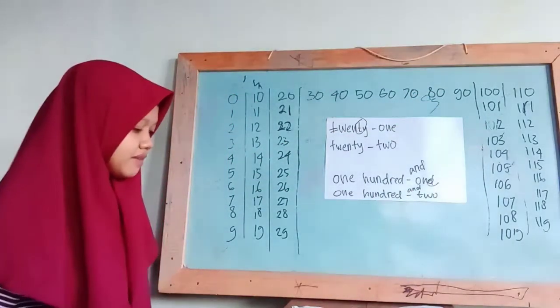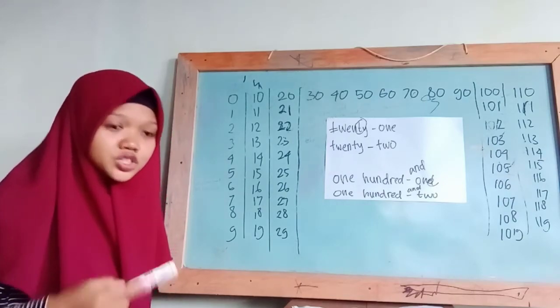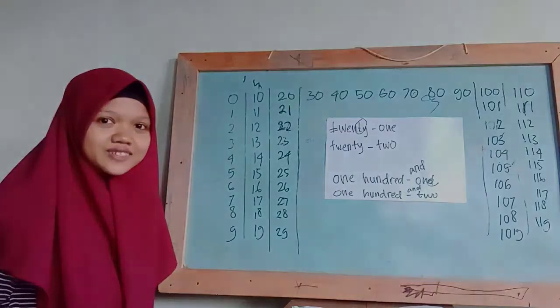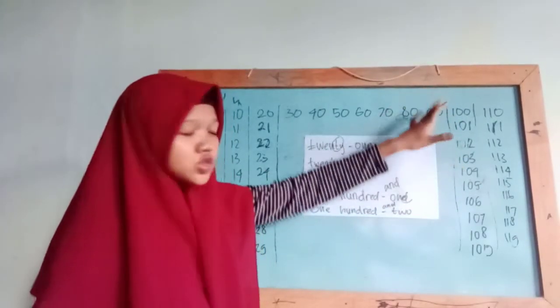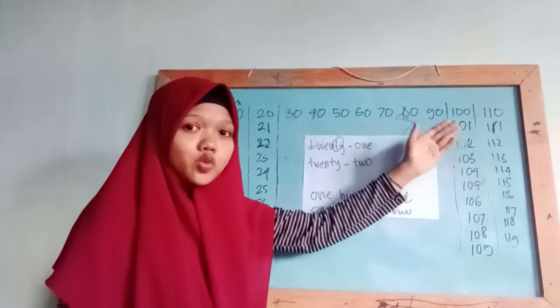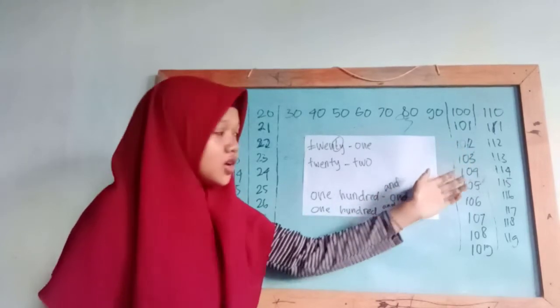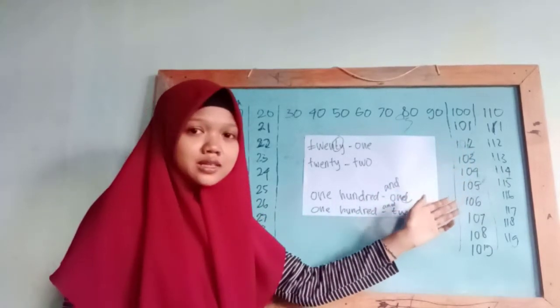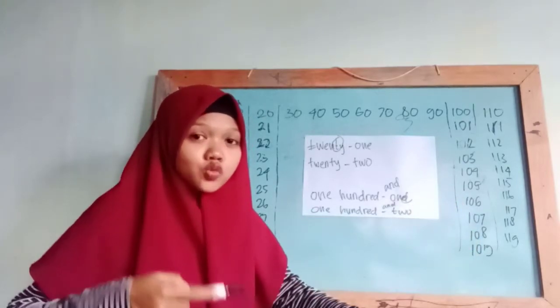So again, I'm just mentioning this so that you understand as we speak, okay? Numbers over 100 should be pronounced 101, 102, 103, 104, 105, 106, 107, etc. So we don't need the word "and".